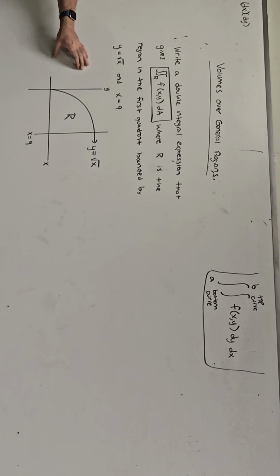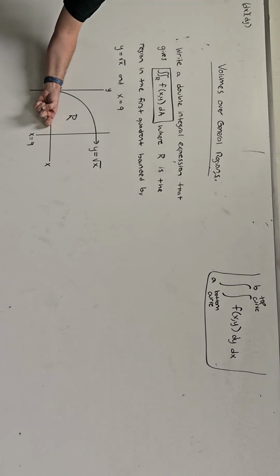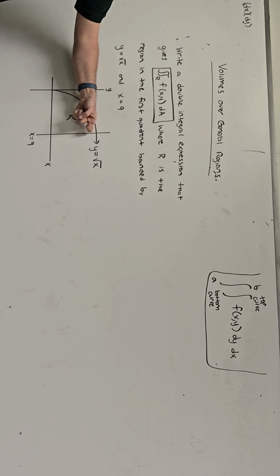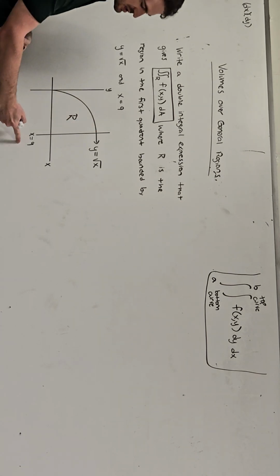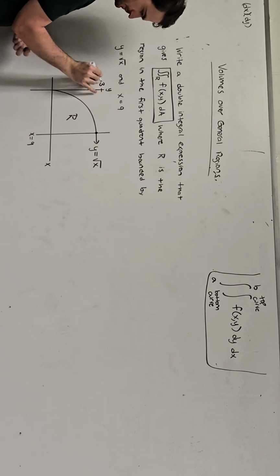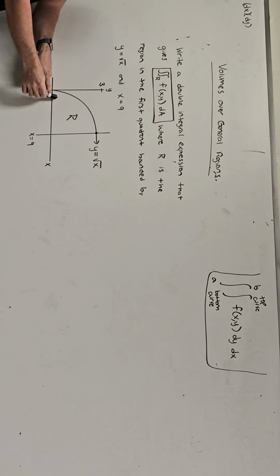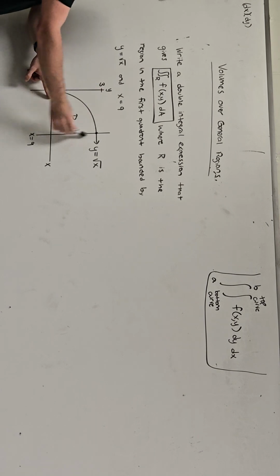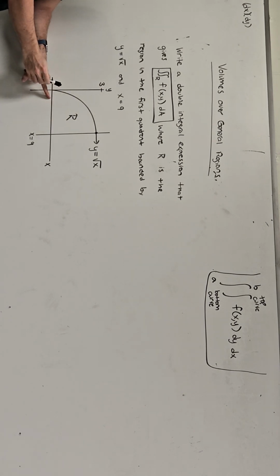That part is clear. And I can't really integrate all the way from y equals 0 to y equals whatever this point is. Plug in 9, square root of 9, you get 3. Because if I integrate from y equals 0 to y equals 3, I'm just getting this entire rectangle.